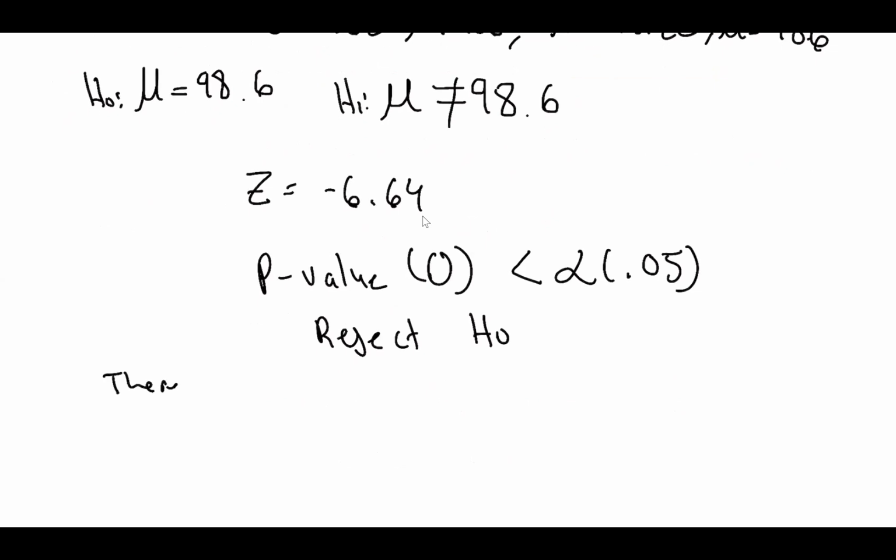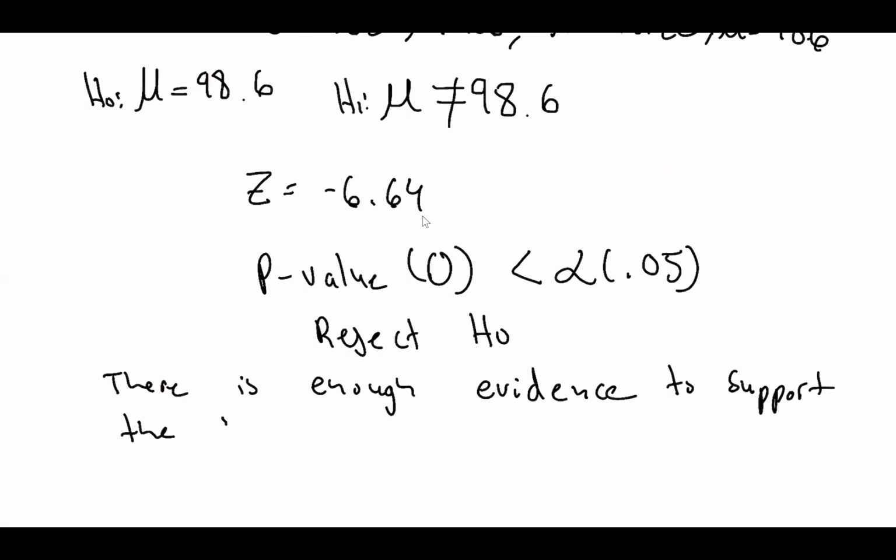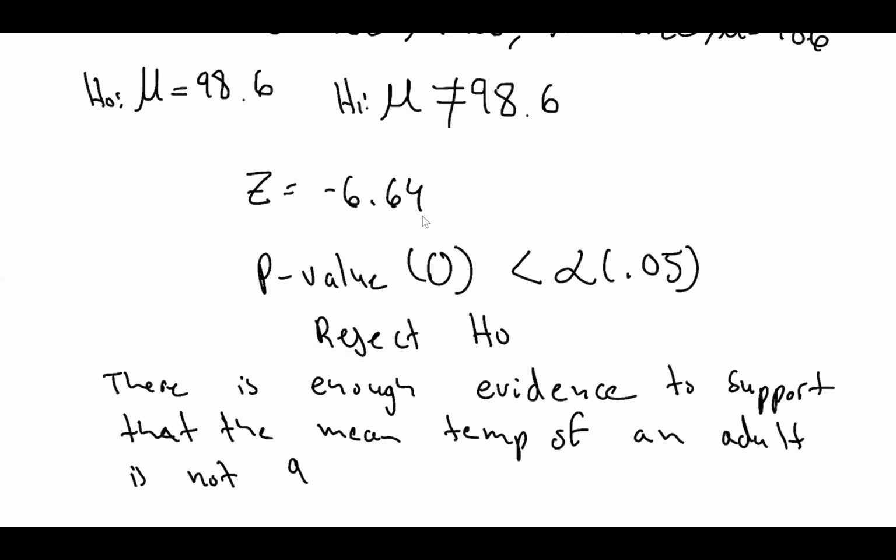So you say, there is enough evidence to support that the mean temperature of an adult is not 98.6 degrees Fahrenheit. And that's it for that problem.